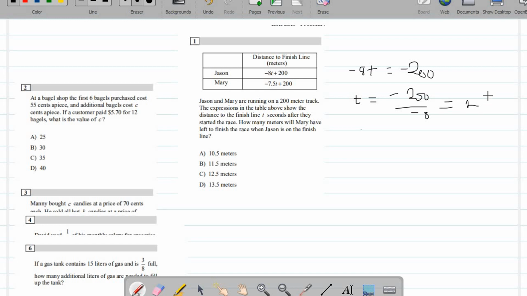So if you have t as 25 seconds, just insert 25 seconds in here, you have minus 7.5 times 25 plus 200. When you solve that, you're going to have 187.5, minus 187.5 plus 200.